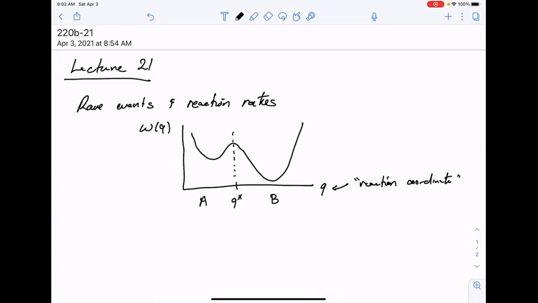If there exists a barrier between two states, A and B will both have a finite lifetime.